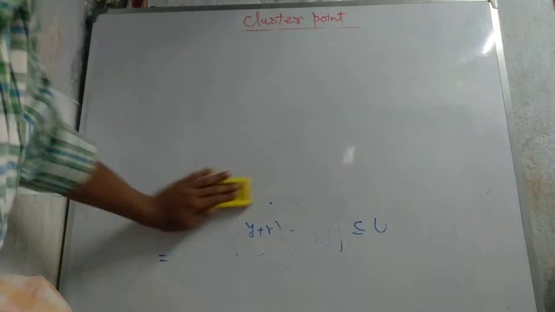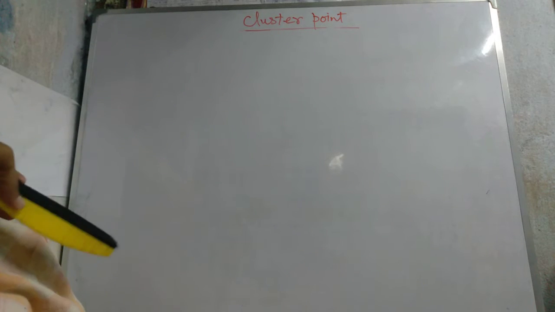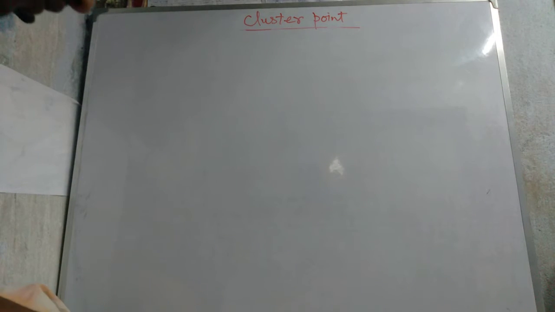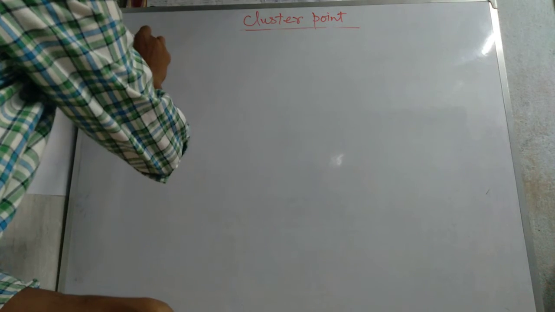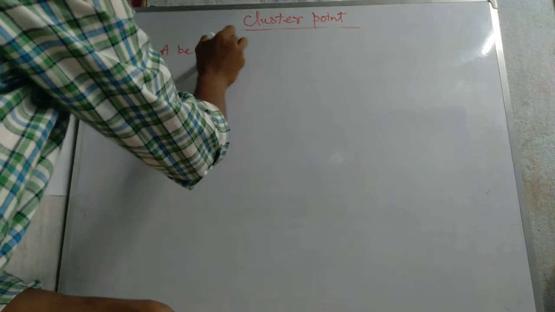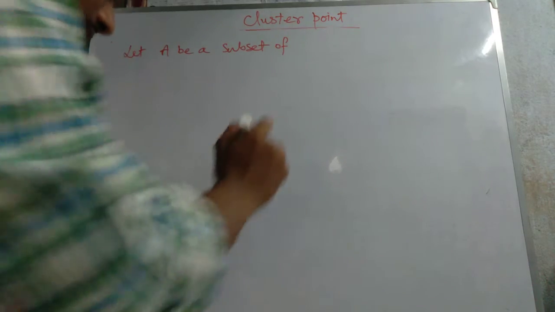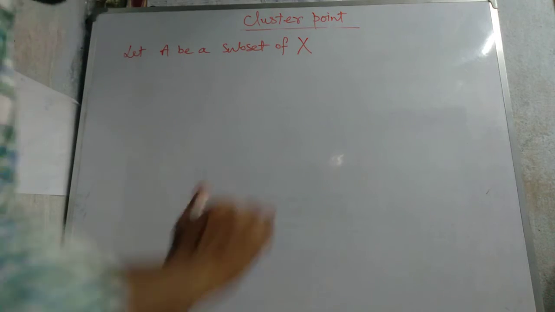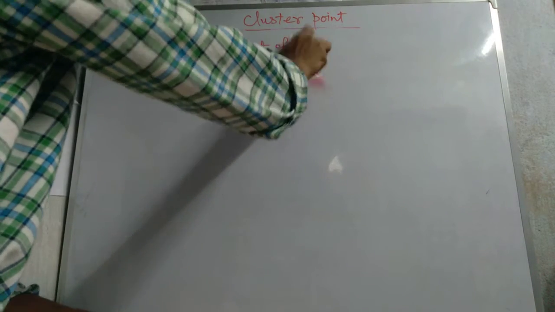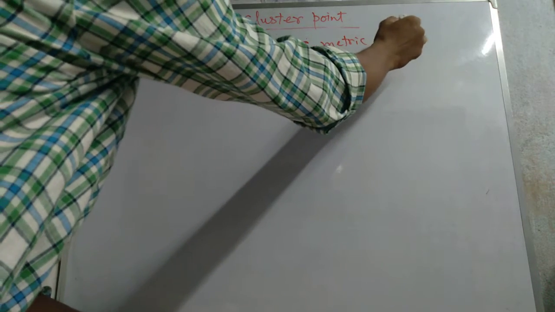Now we erase this portion. So what we write: let A be a subset of a metric space X.